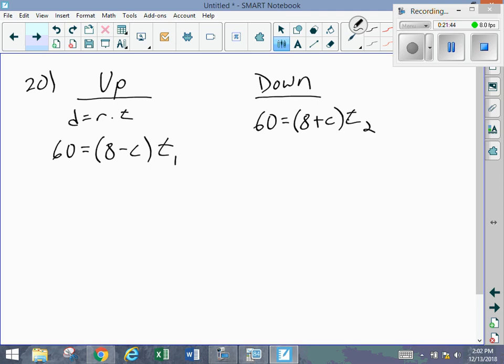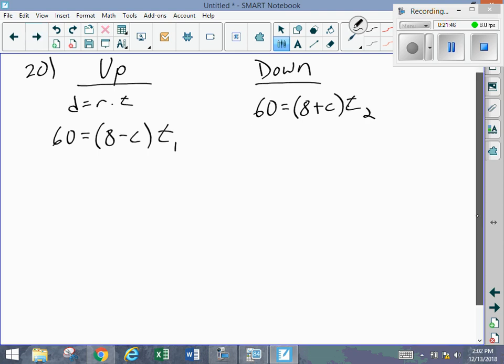And that'll be T2, because that time is going to be less than our time up, right? It should go downstream faster than you go upstream, right? So, we also know that the total time it takes, time 1 plus time 2, is going to be 16.5 hours.